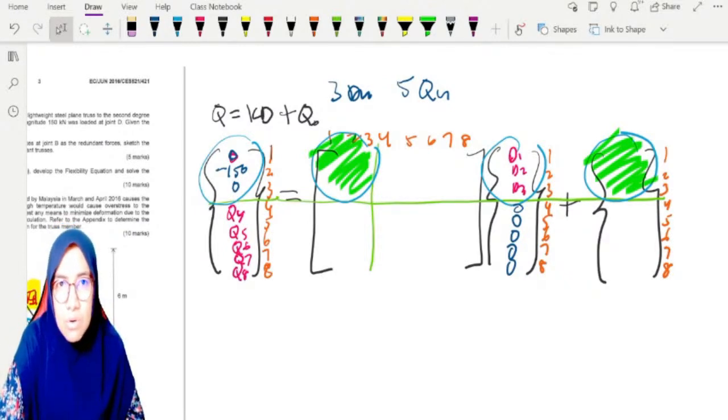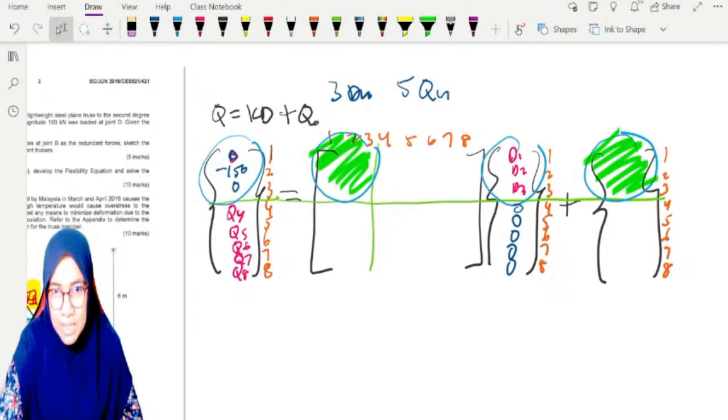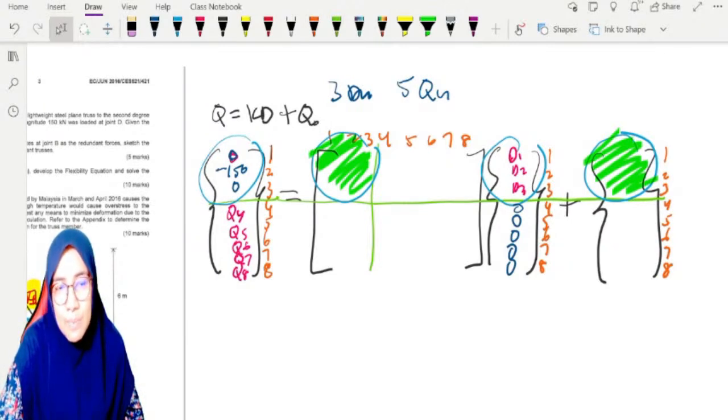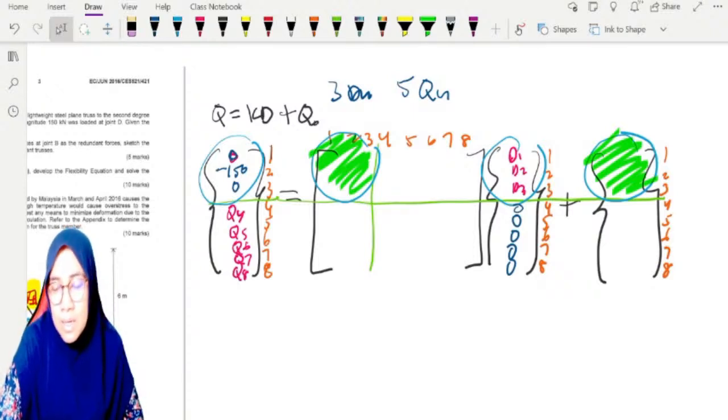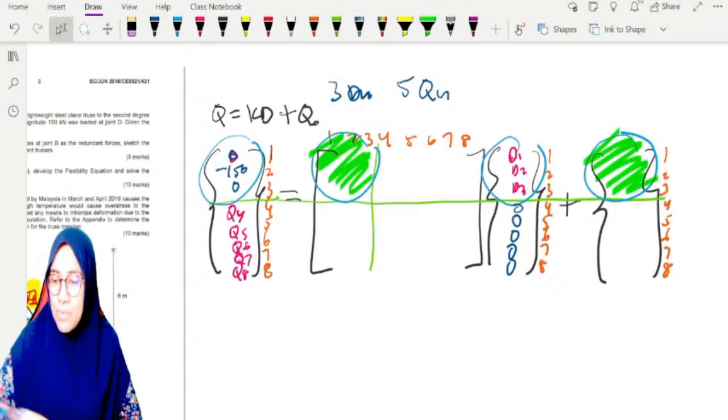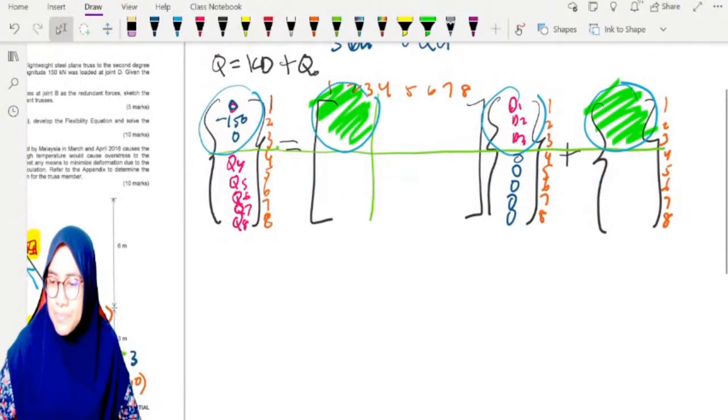If there's no question mentioning the stiffness equation for the truss, and it only asks you to calculate unknown displacement, then we don't have to establish it in full. We just need the stiffness equation corresponding to the unconstrained system in order to calculate unknown displacement. Means that we will focus on this only.